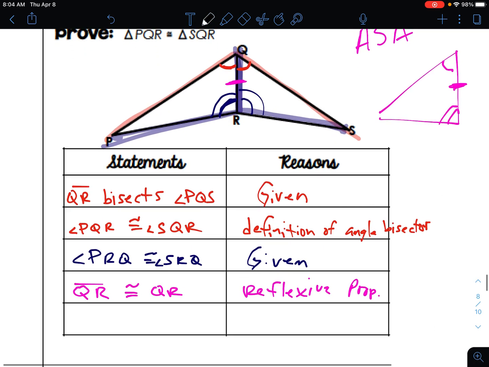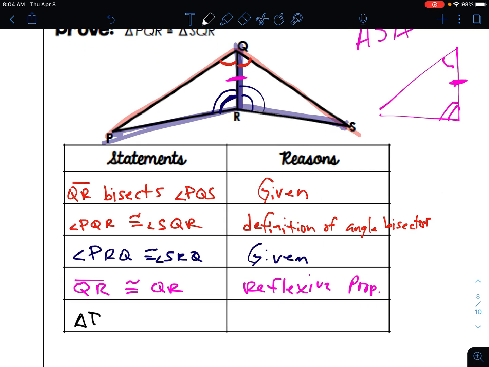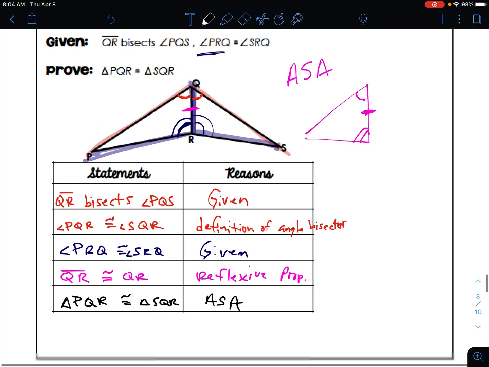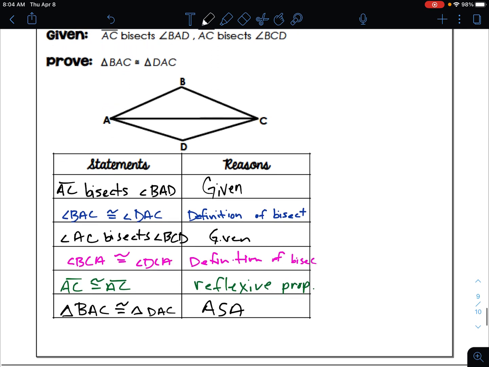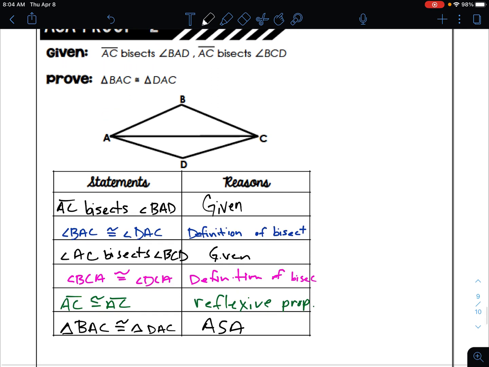And then in the end, we chose angle, side, angle. So triangle PQR is congruent to triangle SQR, angle, side, angle. Have the plan, stick to it. Okay? And then here is the last one.